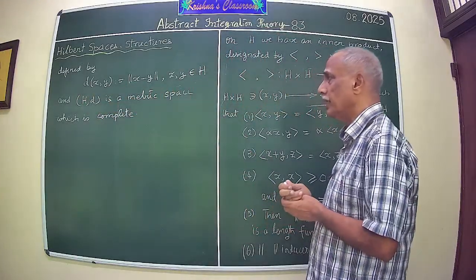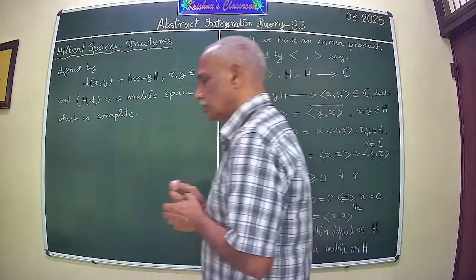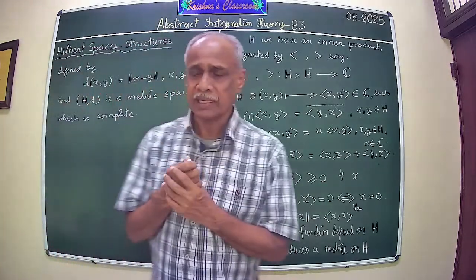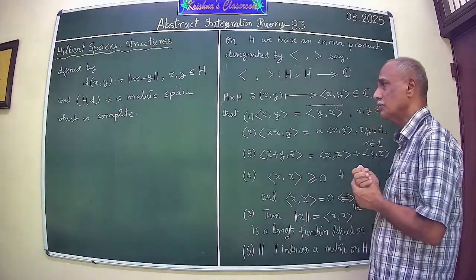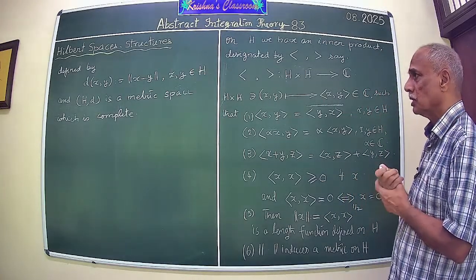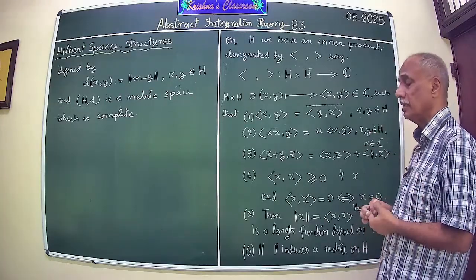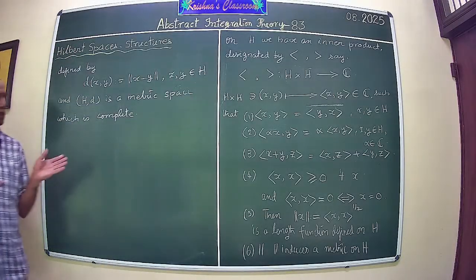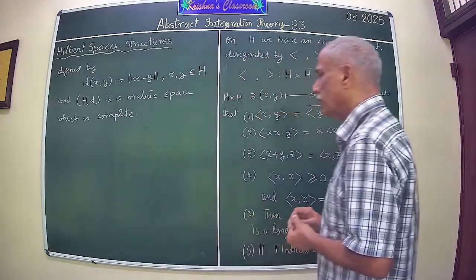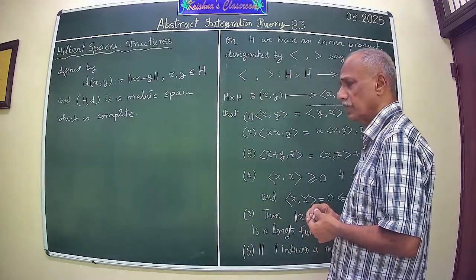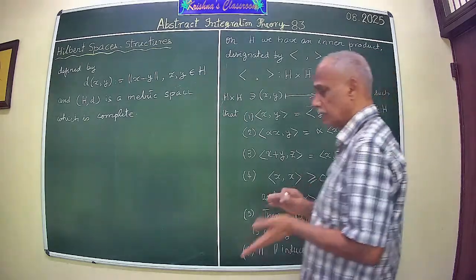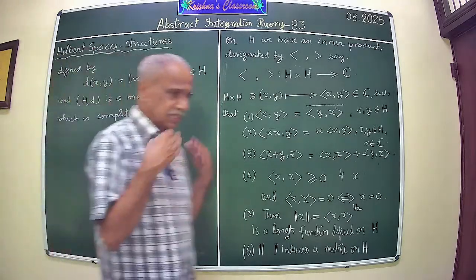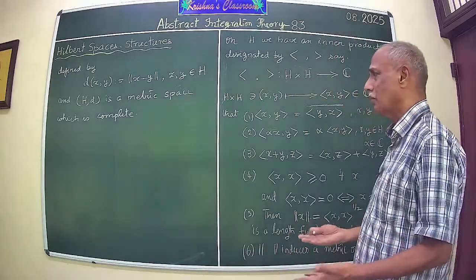Namely d(x,y) is greater than or equal to 0, d(x,y) equal to d(y,x), which is the symmetry property. d(x,y) equal to 0 if and only if x equal to y, and the triangular inequality is satisfied.